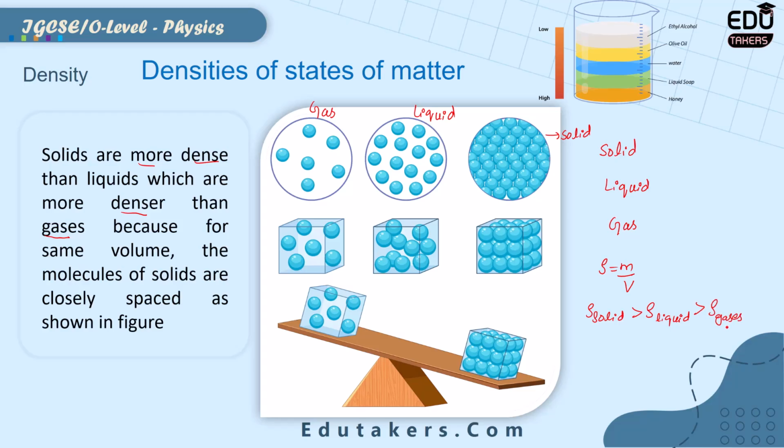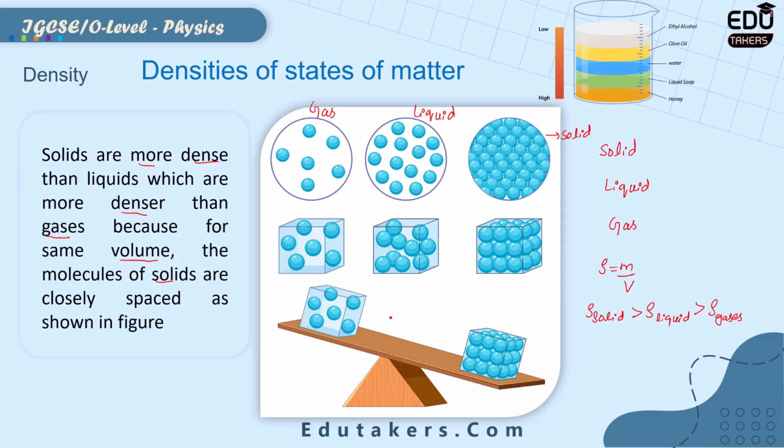So you need to remember this order of the density for different states of matter. Why does the density order look like that? It is because for the same volume, the molecules of the solid are closely spaced as shown in the figure, because the molecules of the solid are very close to each other, due to which the density of the solid is much larger as compared to the liquid or the gases.